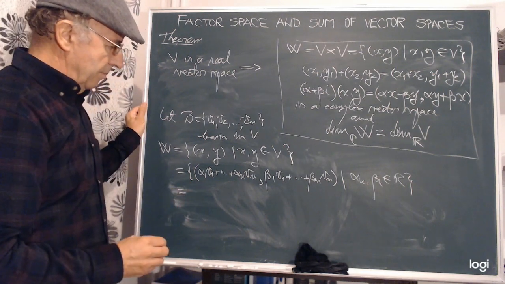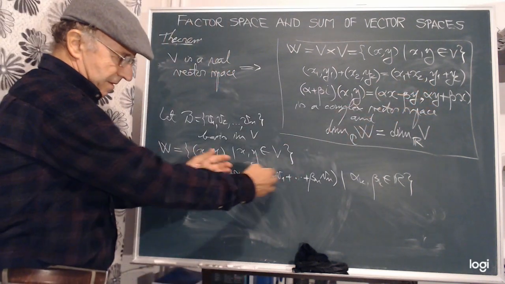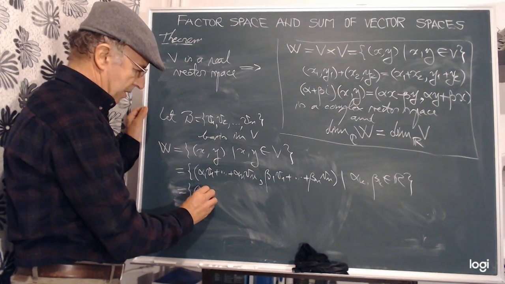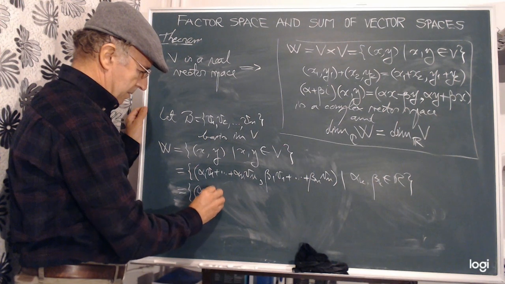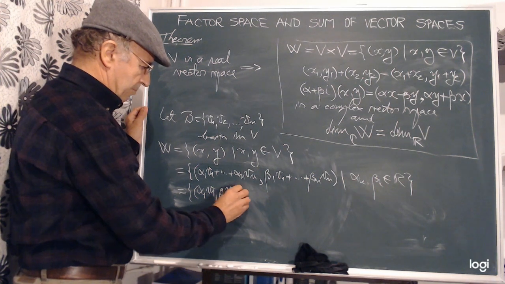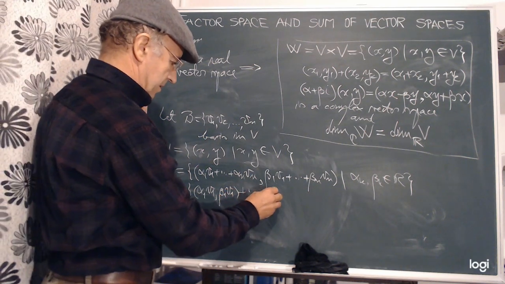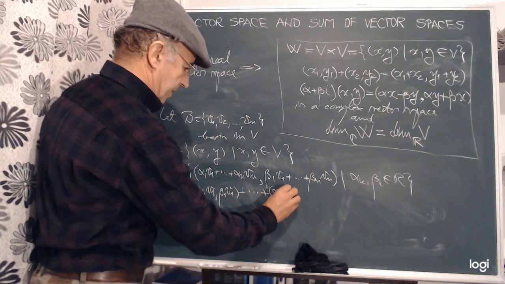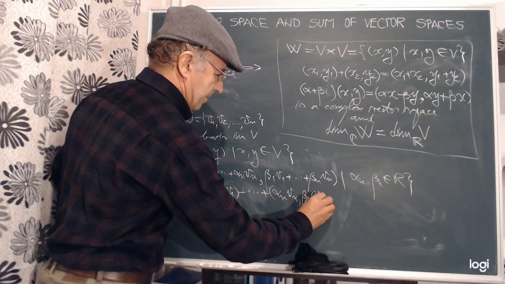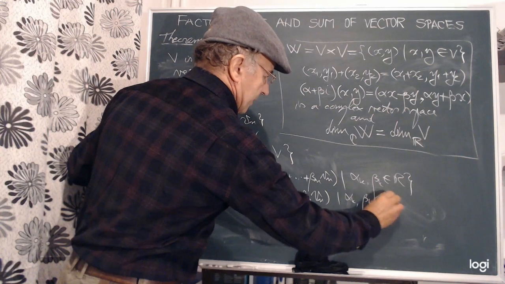Now, by using the addition defined here, we can write this vector in the following way: (alpha 1 v1, beta 1 v1) plus so on, plus (alpha n vn, beta n vn), alpha k, beta k real numbers.